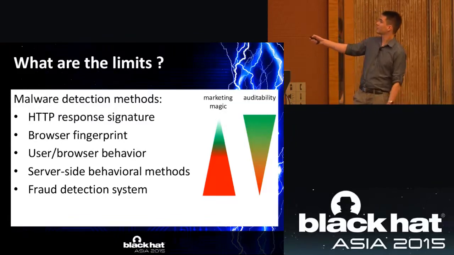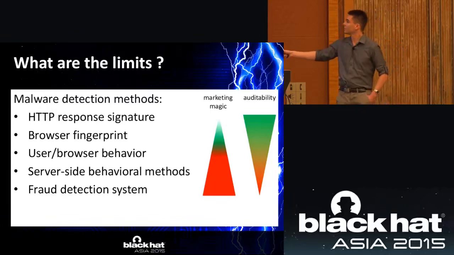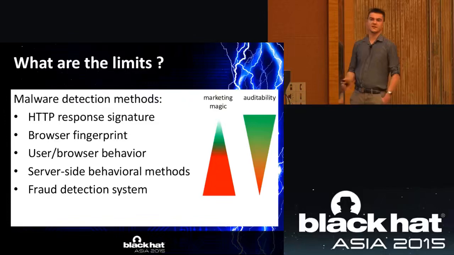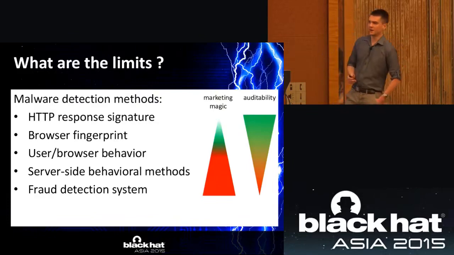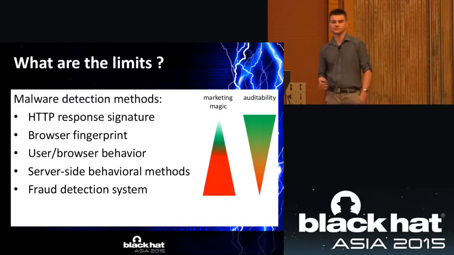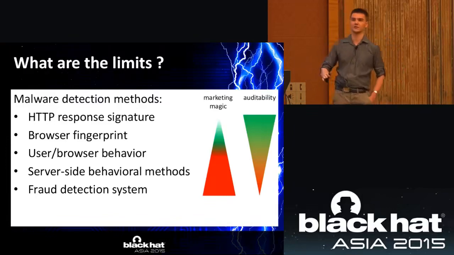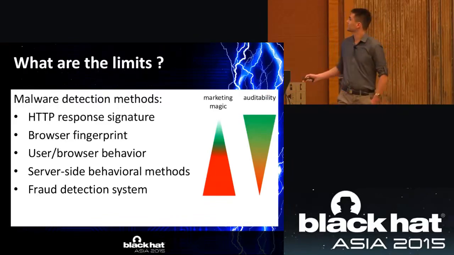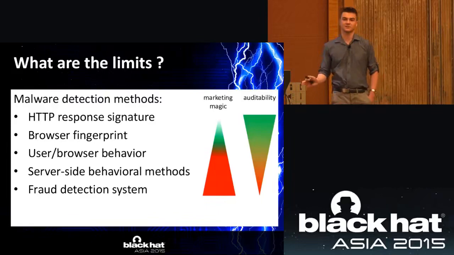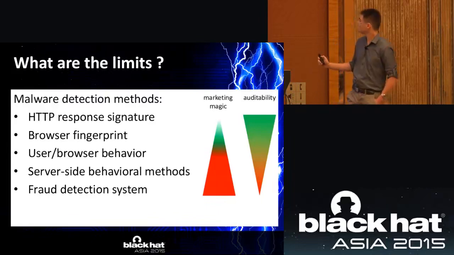But when we go through the marketing magic that is being sold now, the behavioral system, the salesperson goes into the bank and says, well, we've got a cool solution. It costs only $1 million per year, and it does prevent all of the malware because we are using behavioral magic. How to check what is behavioral magic? The auditability of these systems is not very good.